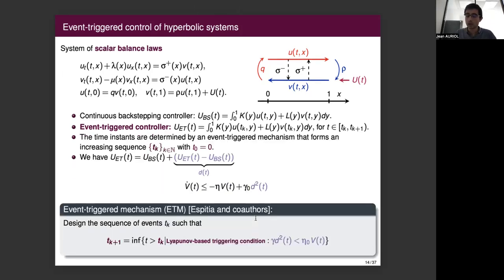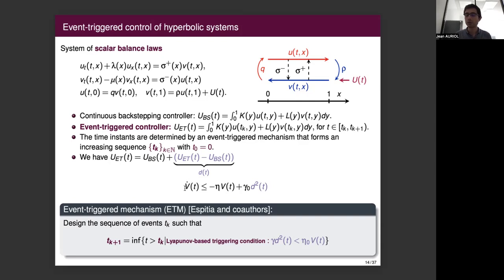And so the event-triggered mechanism, these techniques have been developed among others by Nicolas Espitia and a lot of his co-authors, including, for instance, Mamadou Diagne, Miroslav Krstic, or Iasson Karafyllis. You can design the sequence of events tk such that tk plus 1 is the smallest t such that this condition, gamma 0 d squared smaller than eta 0 V of t, is not satisfied anymore.